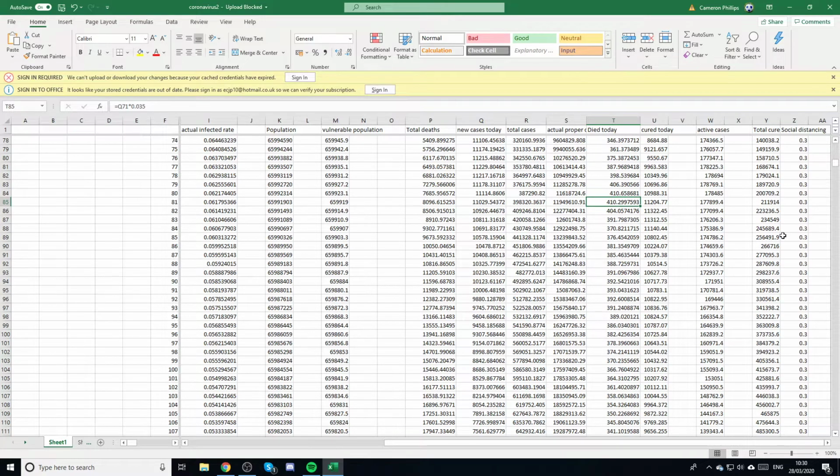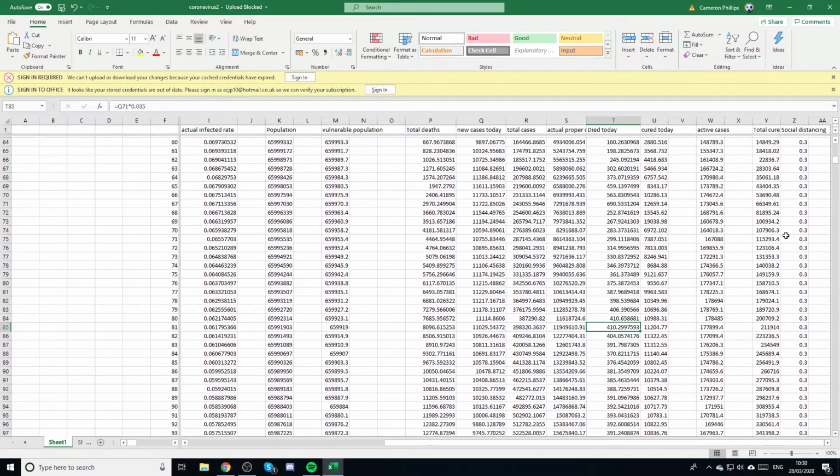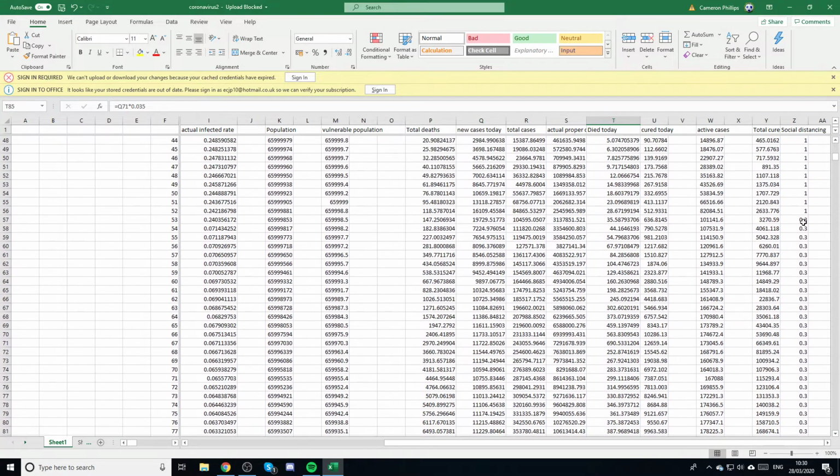Now, I'm going to change this figure here, and I'm just going to give you what Italy has, which is 0.15. We had it at 0.25, so it equals 0.15, Italy now, divided by 0.25.